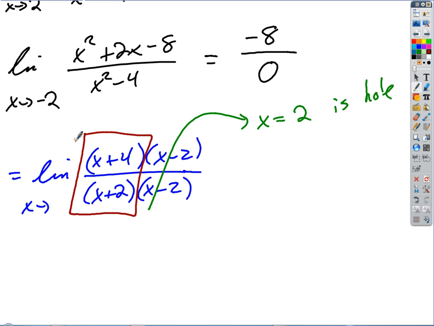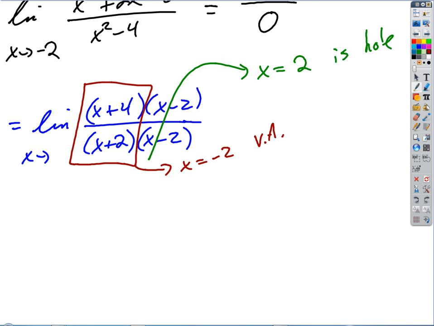That's much easier to deal with than that is, isn't it? When we're approaching -2 from the left and the right. Agreed? Yes. So now we can see that x equals -2 is a vertical asymptote, but it's also helping us because if we were to approach -2 from the left, that's easy to do right there, isn't it?